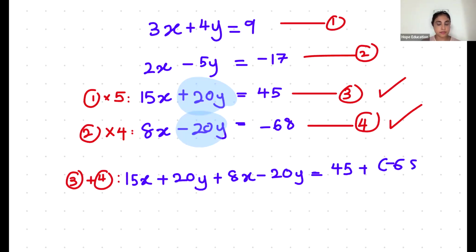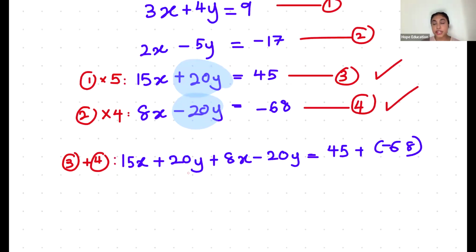One second. Okay, so we can see here 15x plus 8x is 23x, and plus 20y, minus 20y gets cancelled off. So we have 23x equals, on this side we have 45 plus times minus is minus 68.